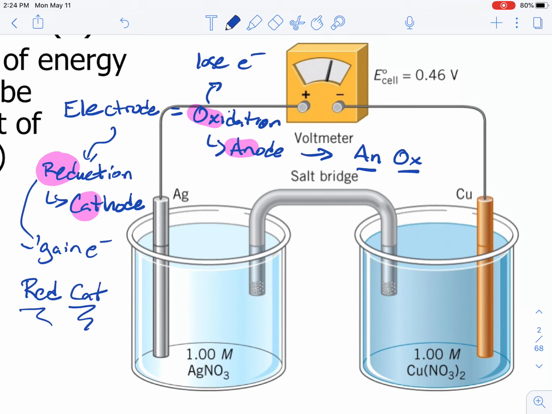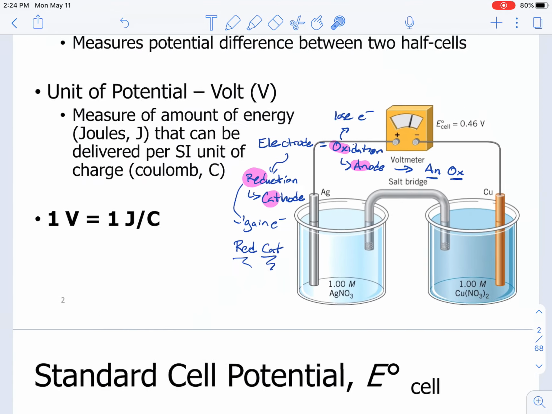Okay. And being in the sciences, it is not enough for us to just identify what metal electrode is undergoing oxidation and what metal electrode is undergoing reduction. We want to be able to quantify the potential between the two half cells. This is accomplished through a device called a voltmeter.